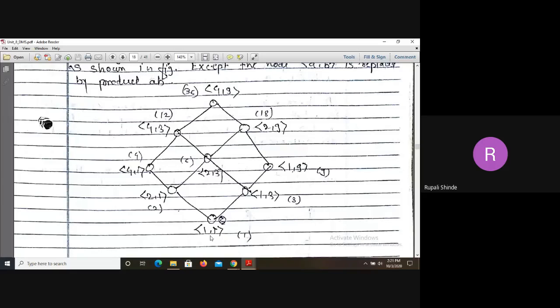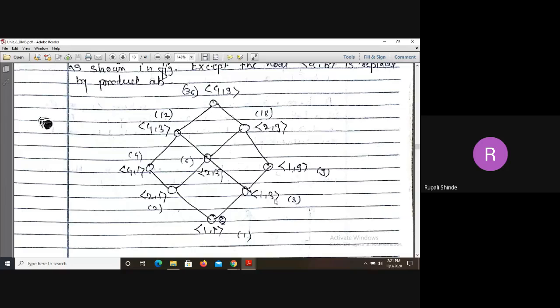Now here we can represent as 1 comma 1 or 1 into 1, the answer is 1. Either you can write ordered pairs, or you can write whatever result we get after the direct product. So 1 comma 1 is what? 1 direct product 1, the answer is 1.